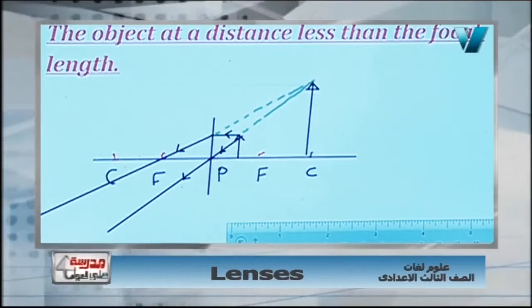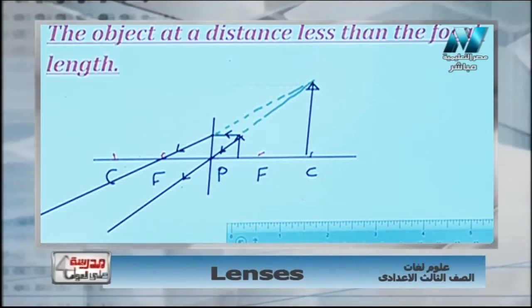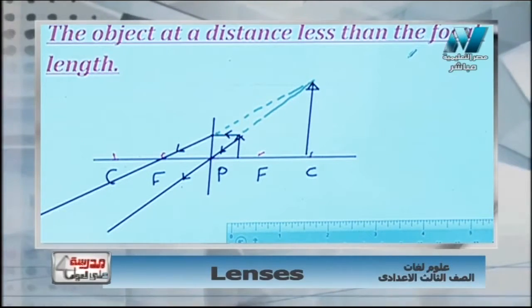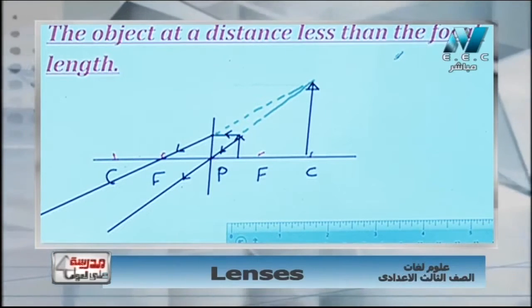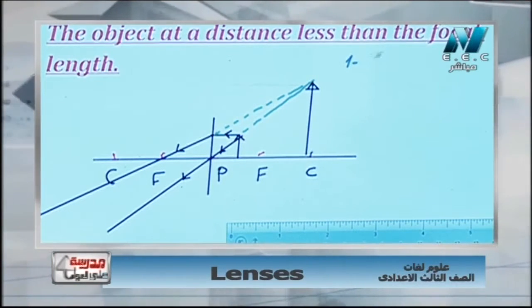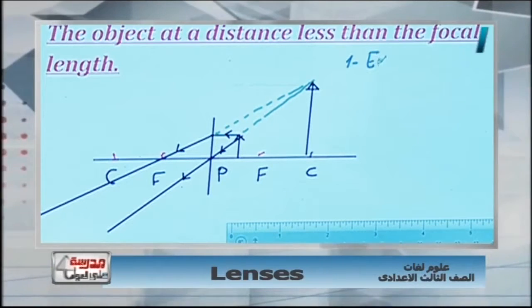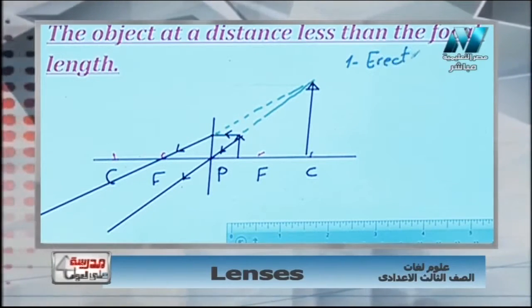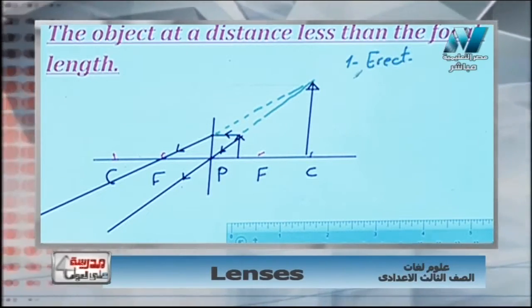So we will write the properties of the light and the properties of the image in this case. Number one, the image is erect, not inverted, which means upright, يعني معدول.